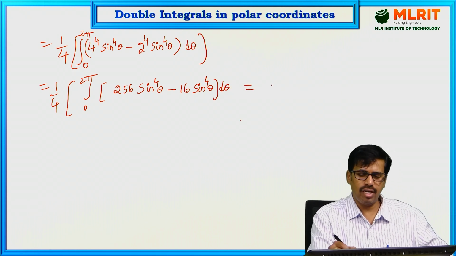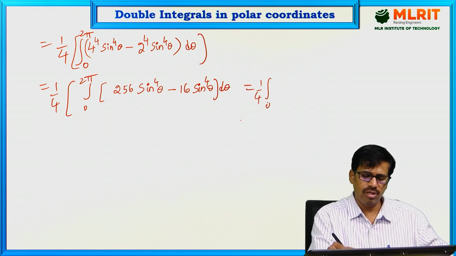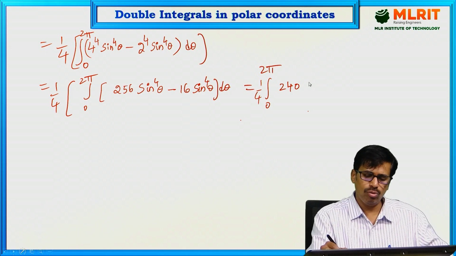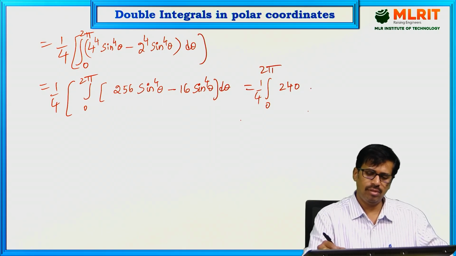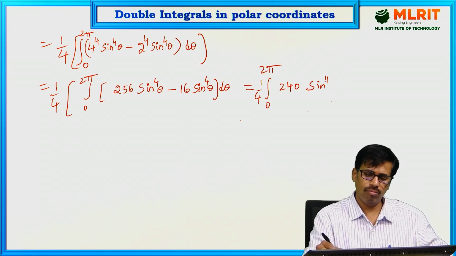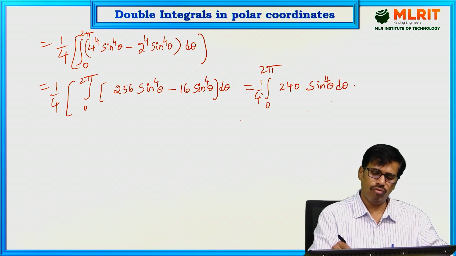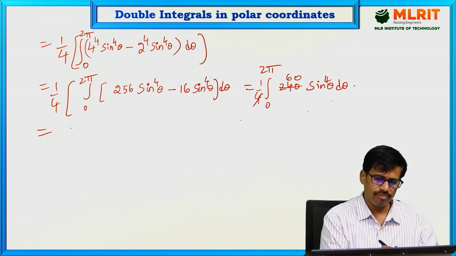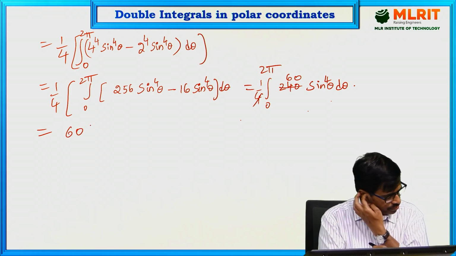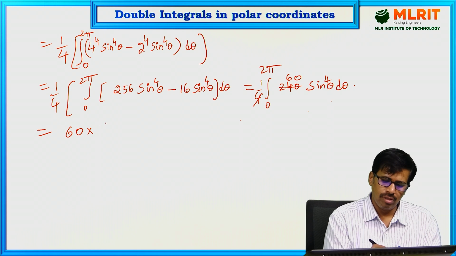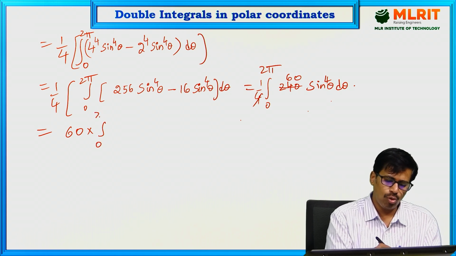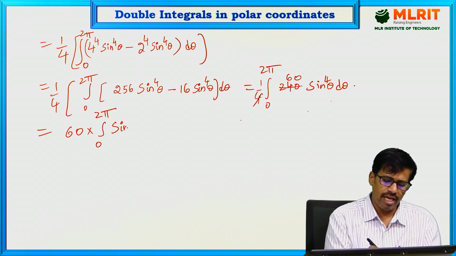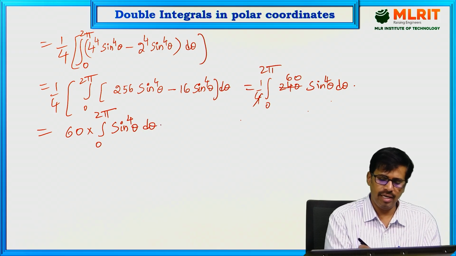So this can be written as integration of 0 to 2 pi, 256 minus 16 is 240, into sin power 4 theta d theta. So 4 ones are 4, 60s. So this can be written as 60 into the integral 0 to 2 pi sin power 4 theta d theta.